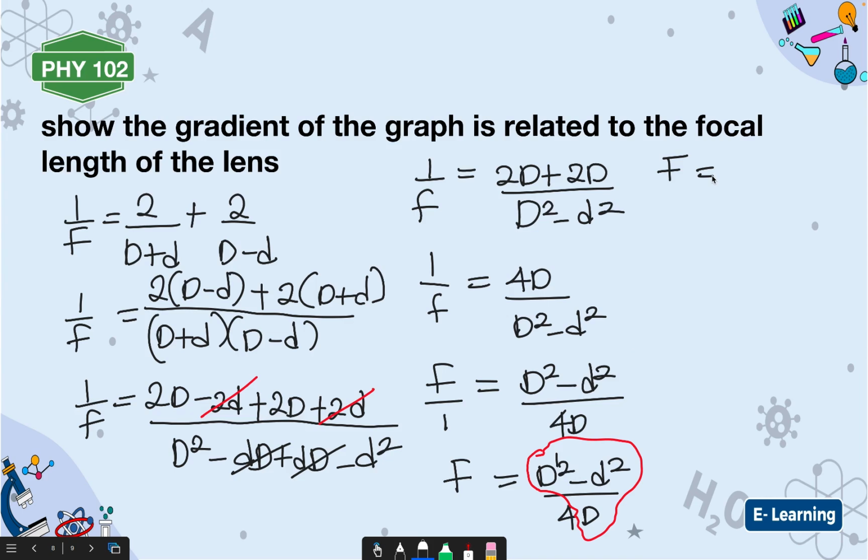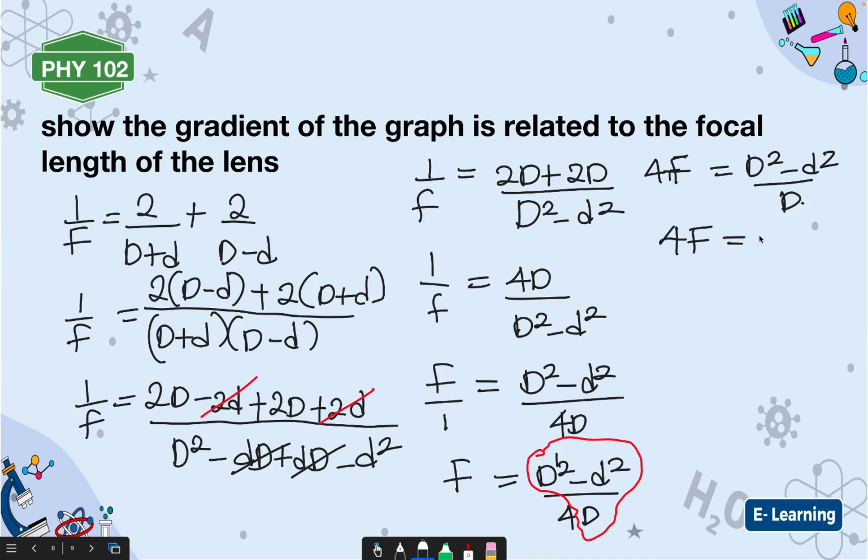Our focal length is, or we can multiply both sides by 4. If we multiply both sides by 4, here will be 4f will be equals to, the 4 used to multiply this, we cancel this 4 out. So 4f will be equals to d square minus d square all over d. So how is the focal length related to the gradient?